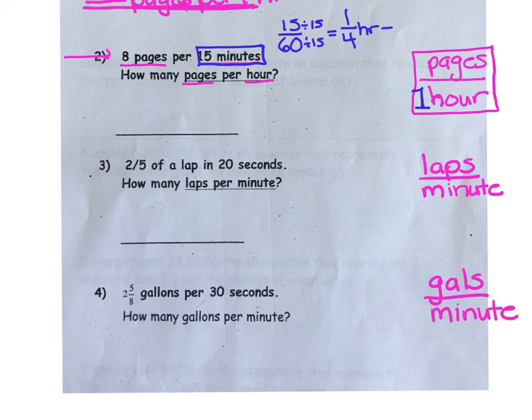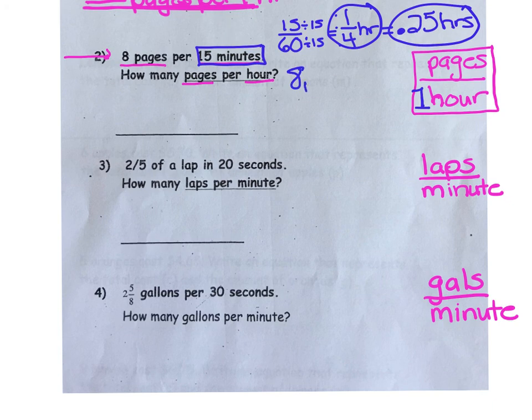And if you convert 1/4 to a decimal, you can punch in 1 divided by 4. You get a nice decimal, 0.25 hours.